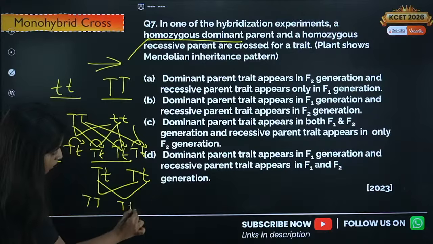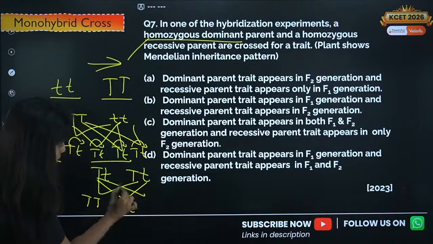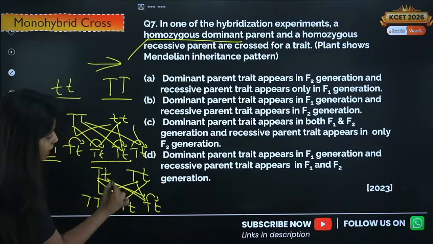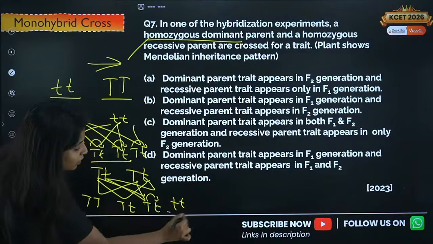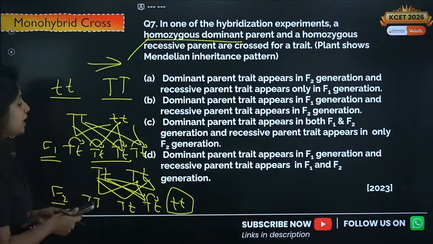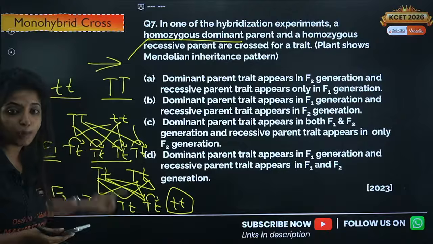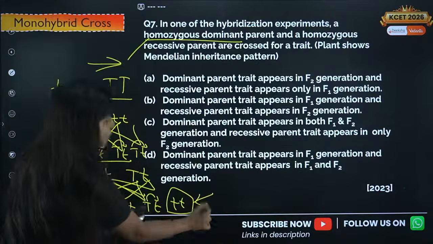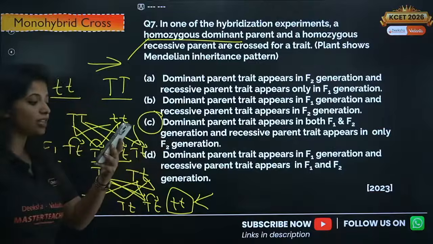Here you see capital T, small t, again dominant trait. And then here you see capital T, small t, again a dominant trait. Now you get small t, small t. You see recessive character in F2 generation. So what is seen in F1 and F2 generation? The dominant trait is anyway seen. In F2 generation, you see one more thing, and that is a recessive trait, which is why C is actually your answer.